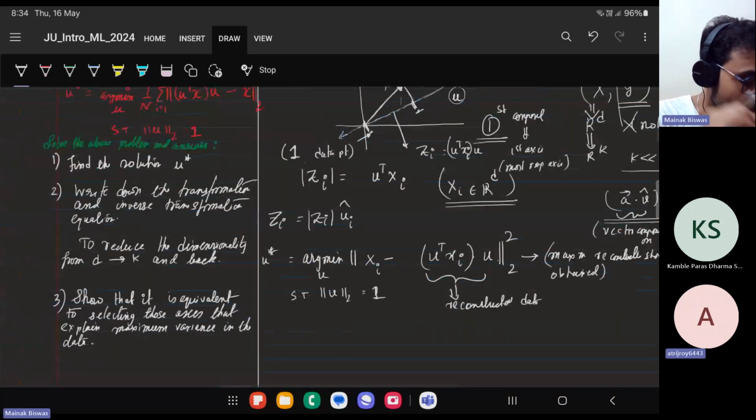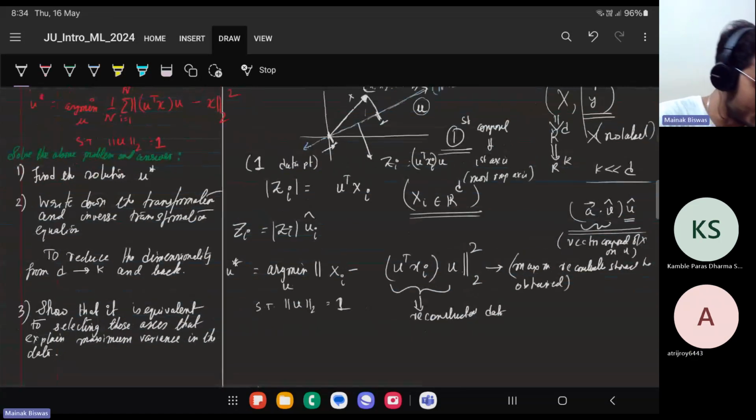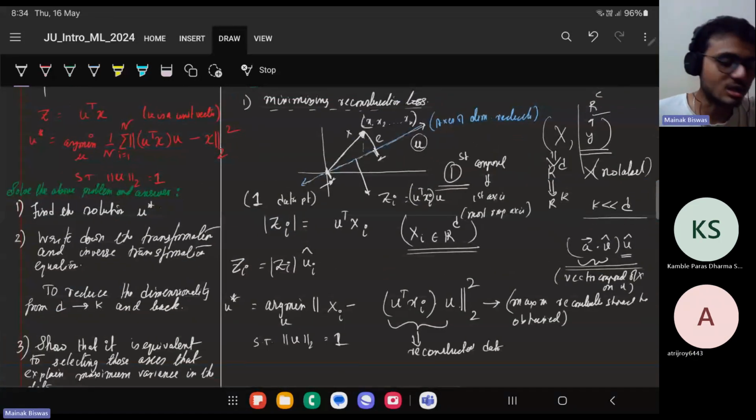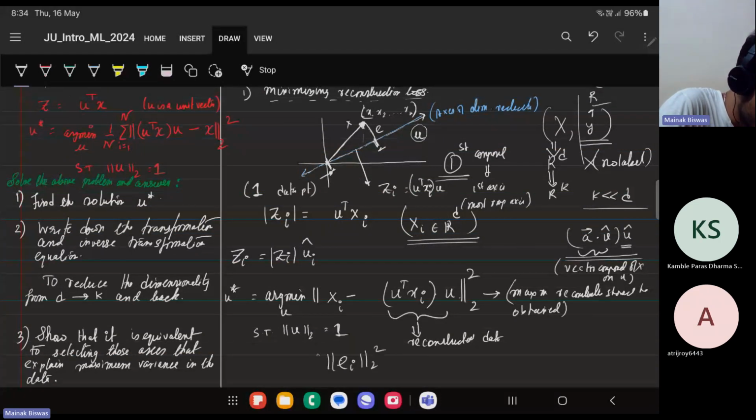So now, original minus projected is minimum. So this is the error. We have talked about this error very extensively. This error must be minimum. So let me write, this error for all data points must be minimum, for all i.